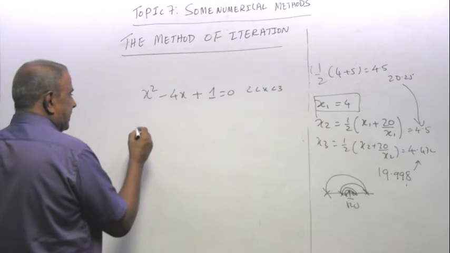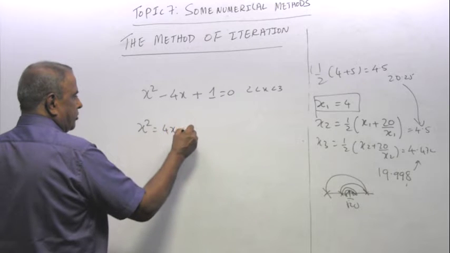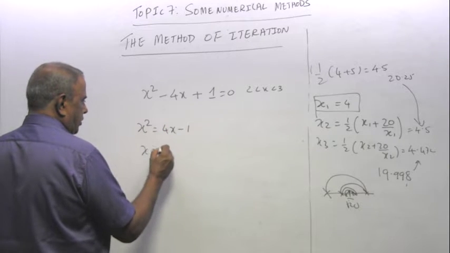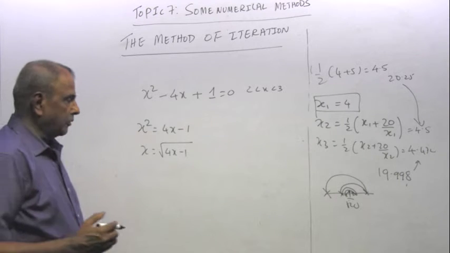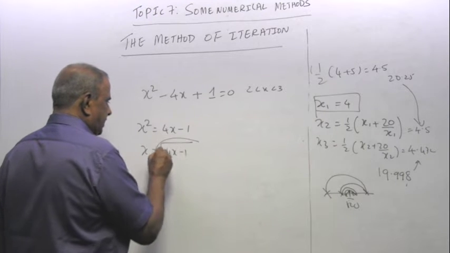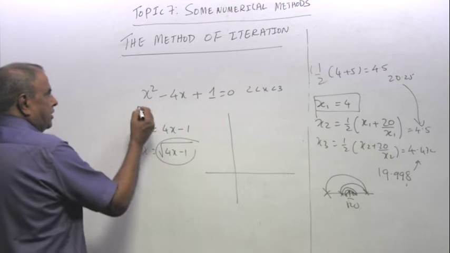Now, can I rewrite this as x squared equal to 4x minus 1, x equal to square root of 4x minus 1? In other words, I will draw the graph of y equal to root of 4x minus 1. Anyway, let's confirm.